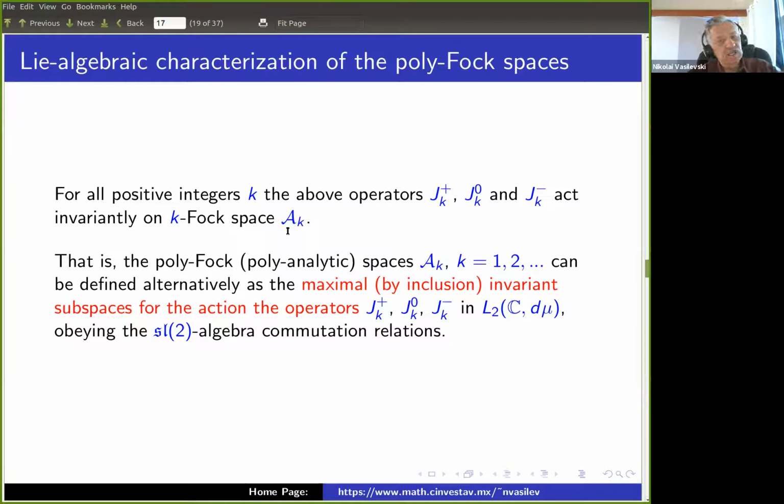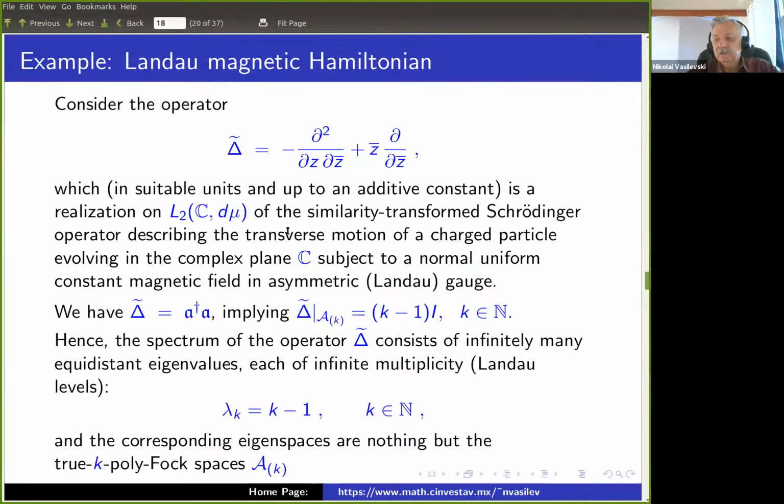So in some sense, we uncover the Lie algebraic characterization of our favorite polyfock spaces. There is an interesting connection between polyfock spaces and a physical problem called the Landau magnetic Hamiltonian.